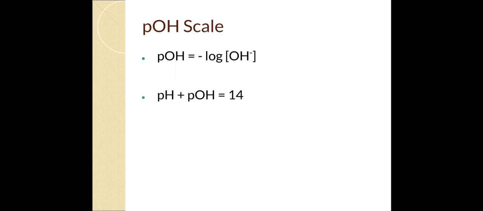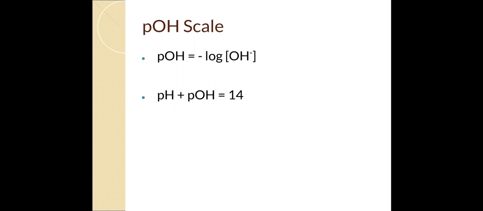It's the easiest one to use there. So it's the same idea. On the pOH scale, the lower you are on the pOH scale, the more OH minus you have. So the pOH scale traditionally is from 0 to 14, and 7 being right in the middle. And if you are lower than 7, you have more OHs, you're more of a base.